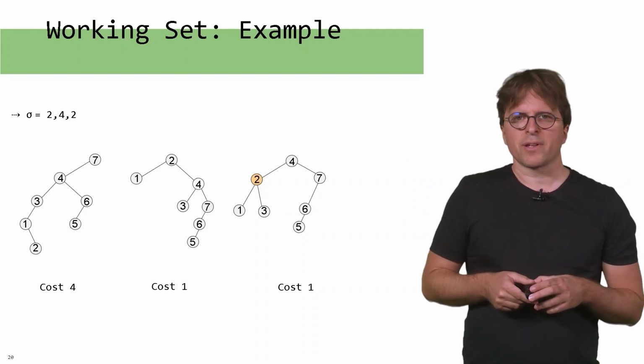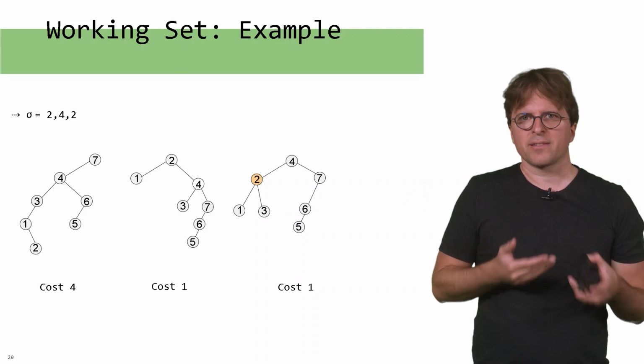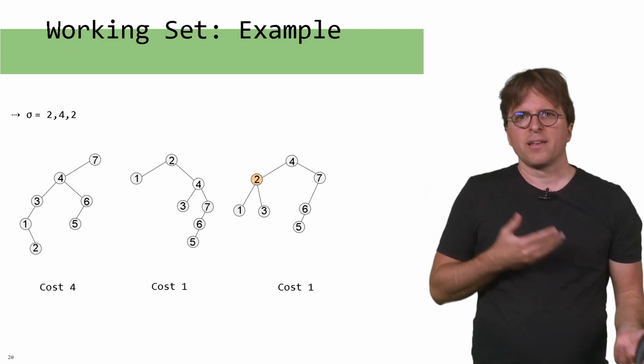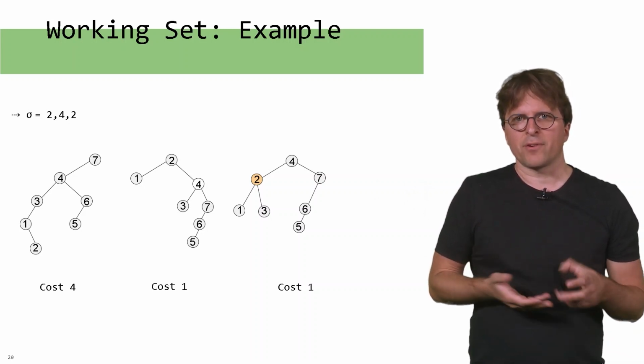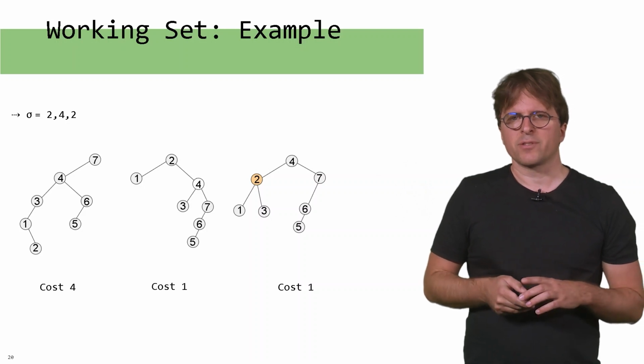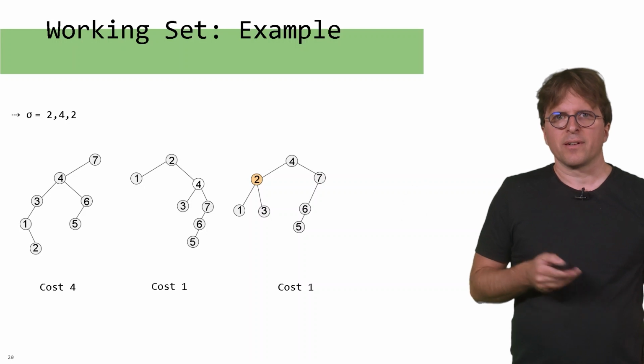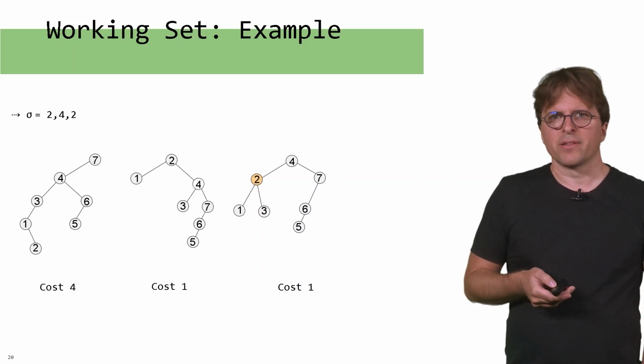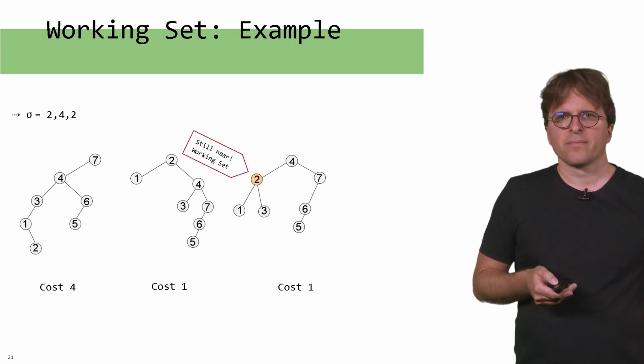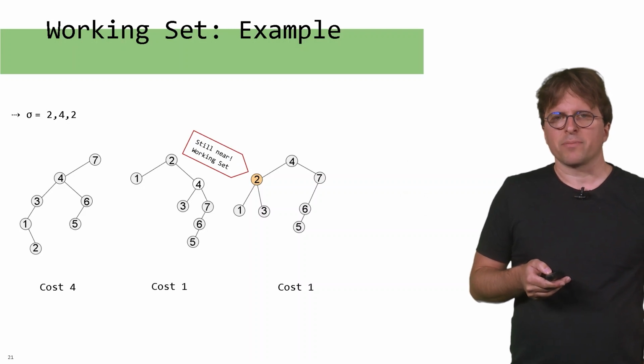And that's what the working set property is about: if you have been recently accessed and you're accessed again, you still have a very low cost. You're still very close to the root of the BST. So if 2 is accessed now, the cost will be 1, thanks to the working set property.